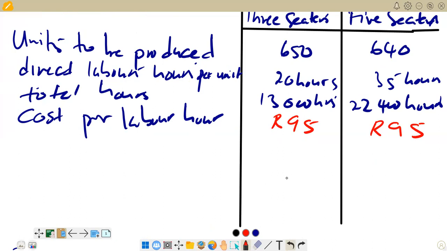Now to get the total direct labor cost, we multiply total hours times the cost per labor hour. 13,000 times 95, when you multiply, you get 1,235,000. And 22,400 times 95, we get 2,128,000.